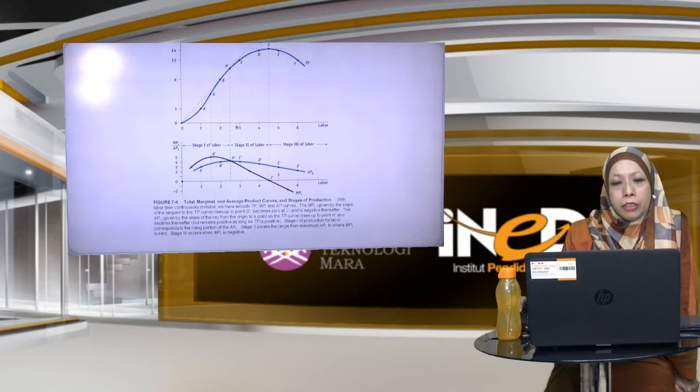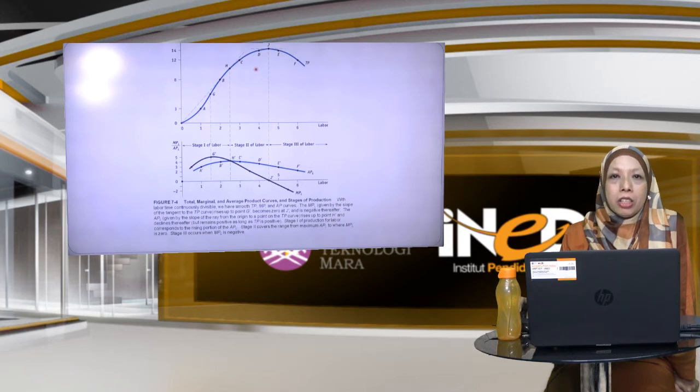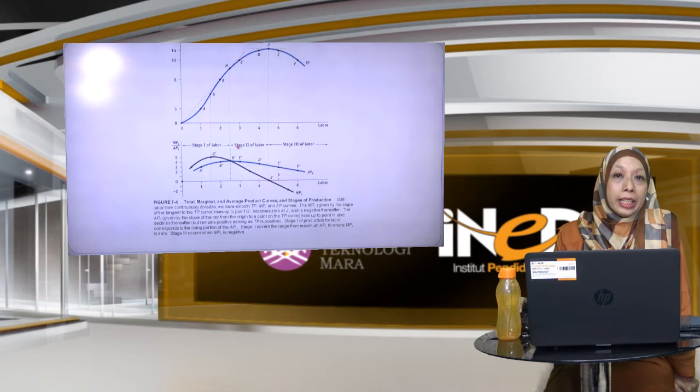So if you continue adding labor in stage 2, even though average product and marginal product fall, production increases, and this can contribute towards your sales. So based on that situation, in stage 2, you can simply add in labor, but the last point would be the point where marginal product equals 0 or your total product is maximized.